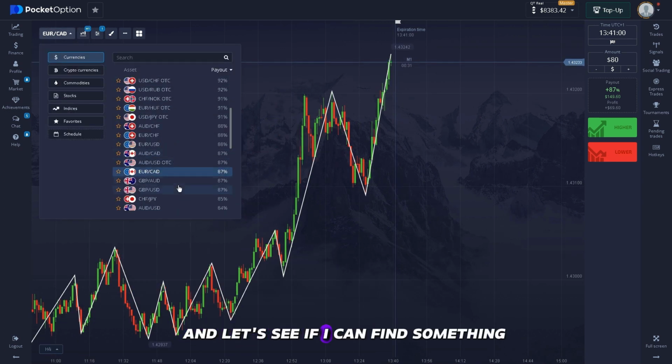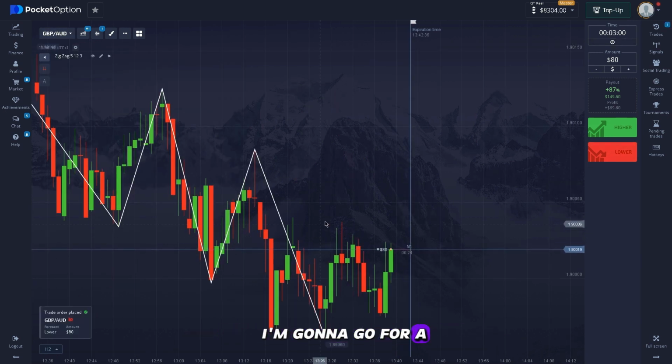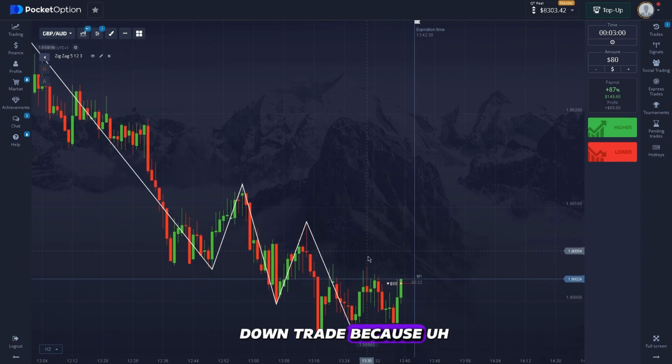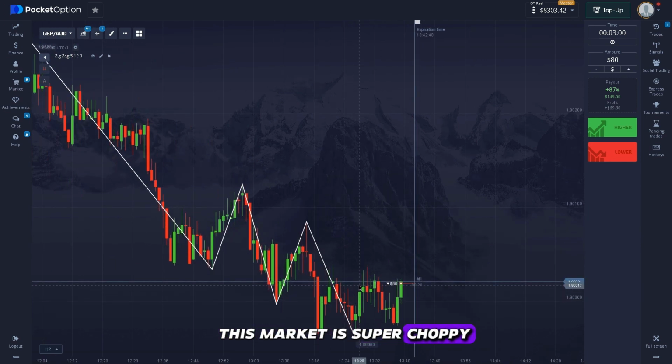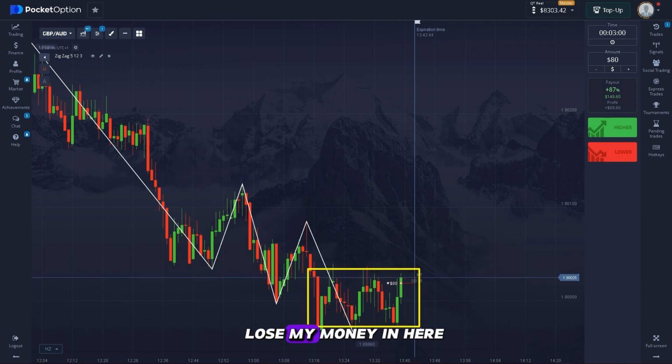And let's see if I can find something. As you guys can see in here, I'm gonna go for a down trade because this market is super choppy, but it can easily just break out and I can easily lose my money in here.